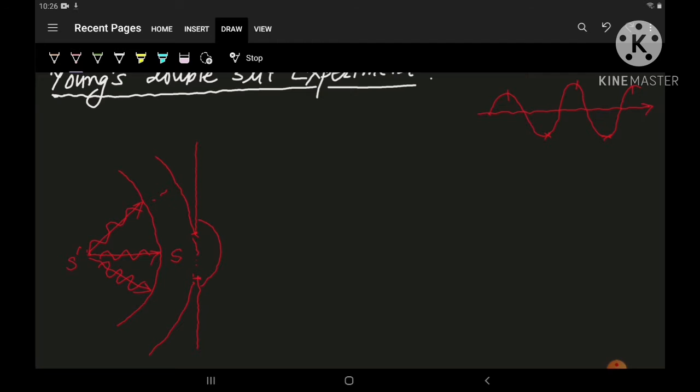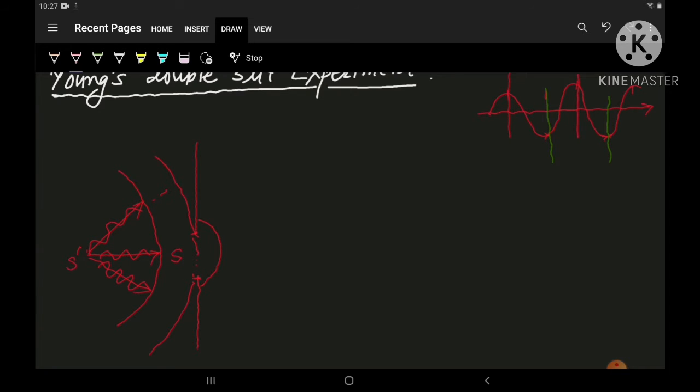Then the locus of all the crests of a wave is denoted by a red line, and the locus of troughs is denoted by a green line. Means here the red line will give the locus of crest and the green line will give the locus of trough. By using this concept, let us draw the diagram.